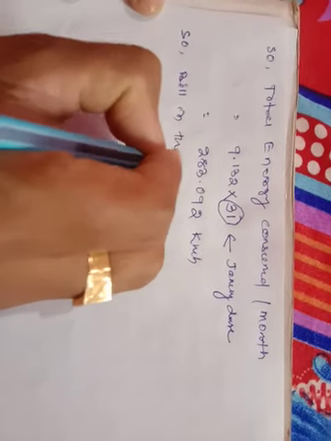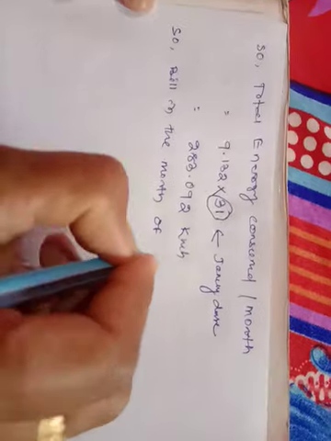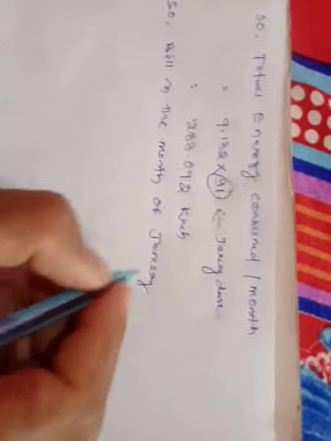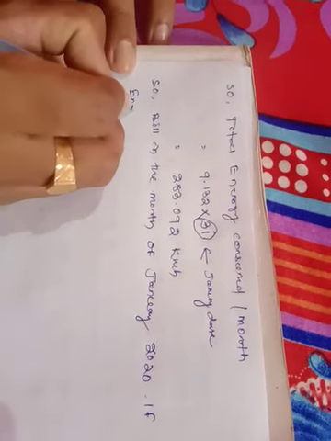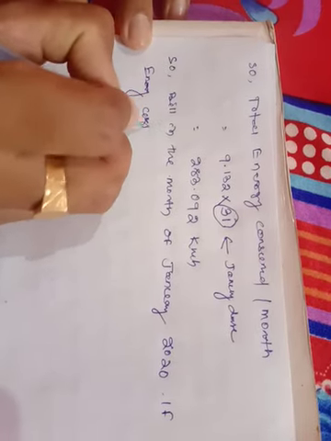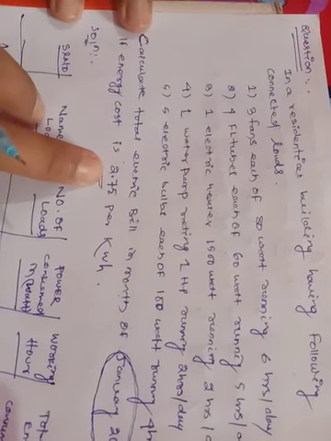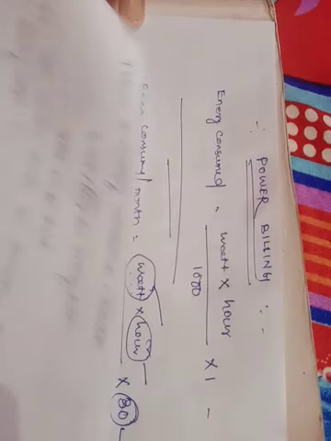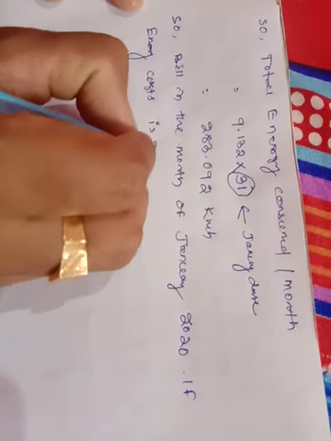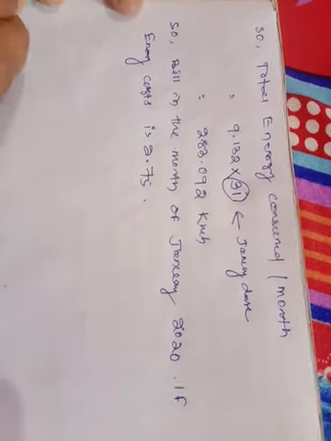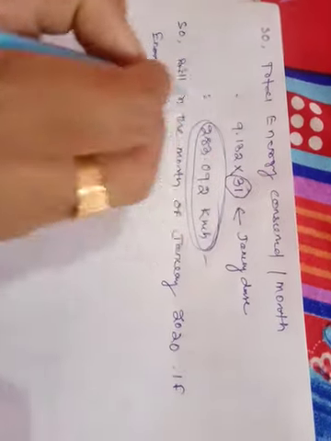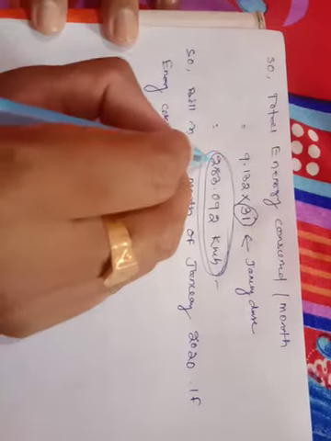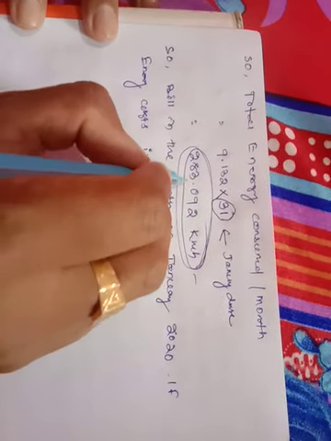So the bill in the month of January 2020, if the energy cost is 2.75 per unit, and the total energy consumption per month is 283.092 units.